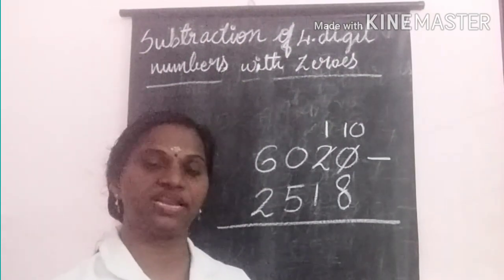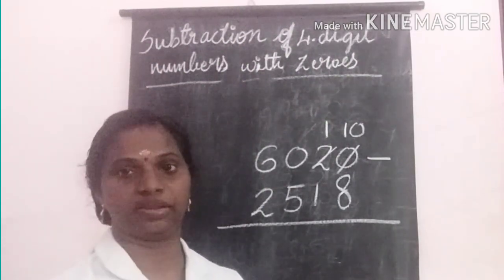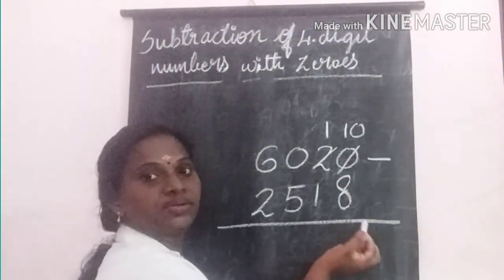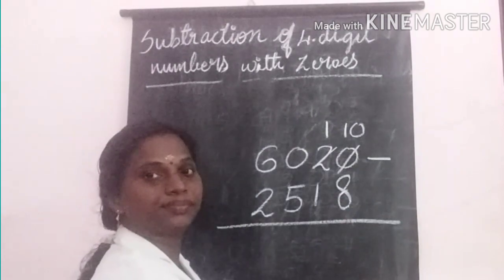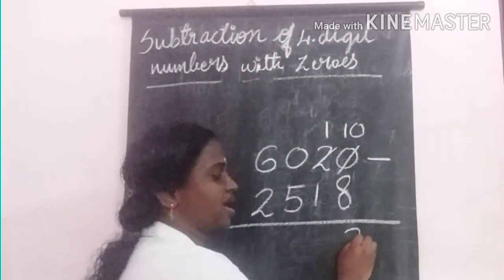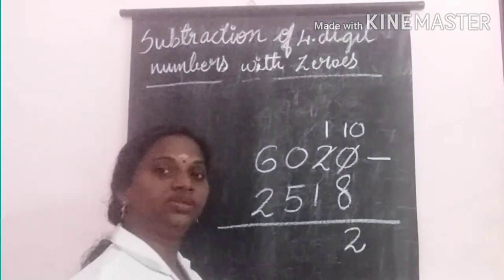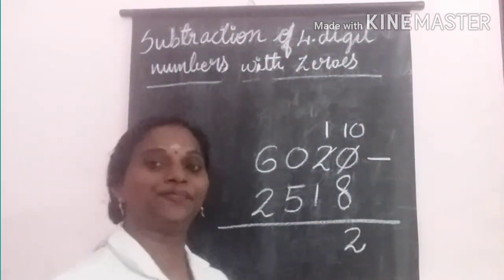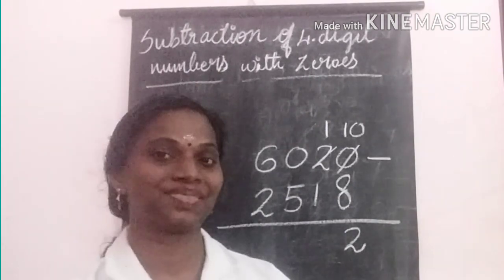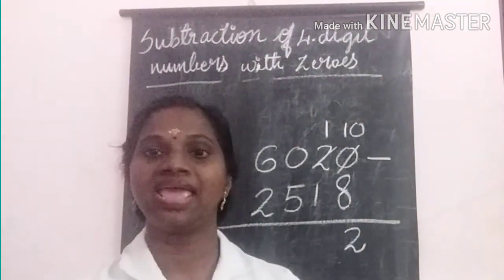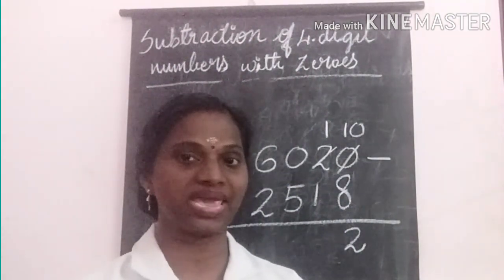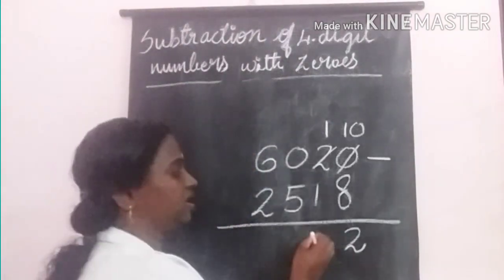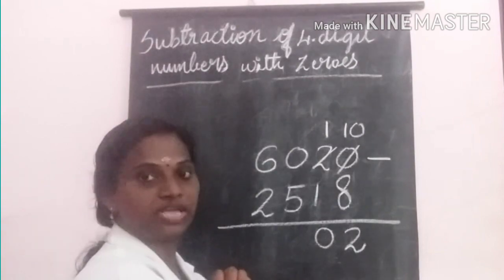Then we can easily subtract from 10. 10 minus 8 is equal to 2. Then subtract 1 minus 1. What is 1 minus 1? Yes, when we subtract any number from itself, the answer will be 0. So here the answer is 0.